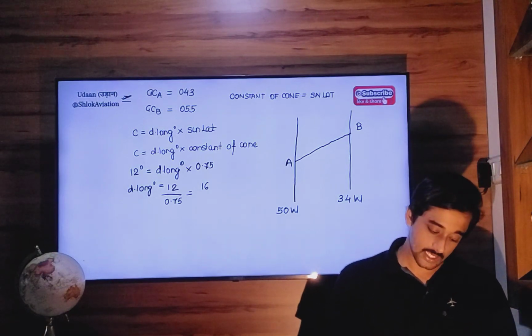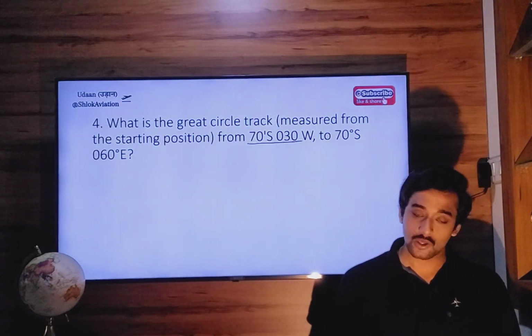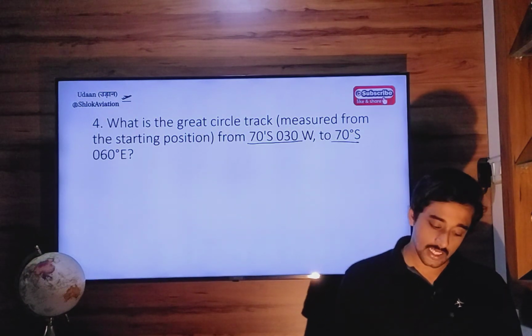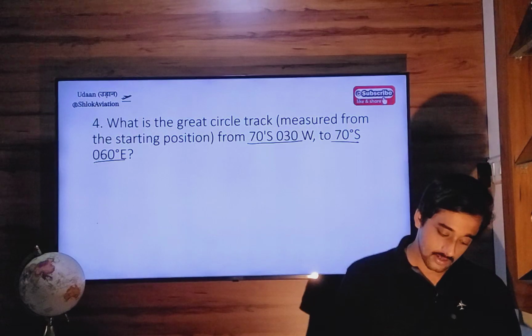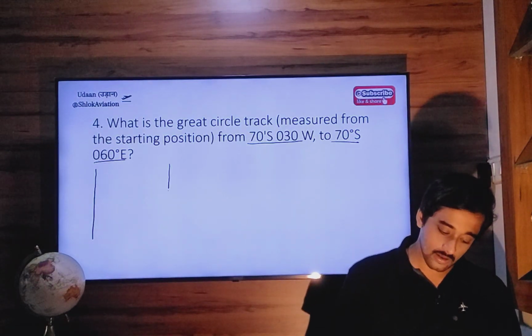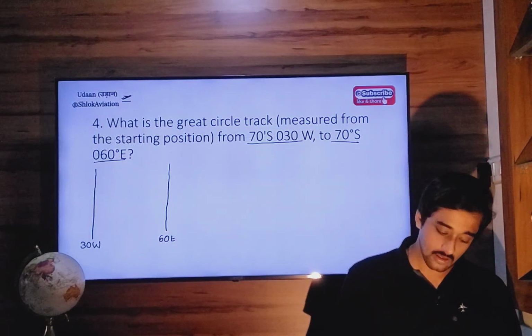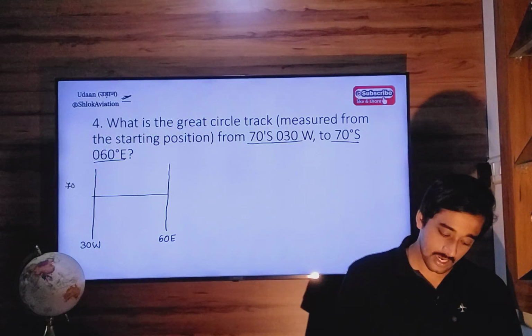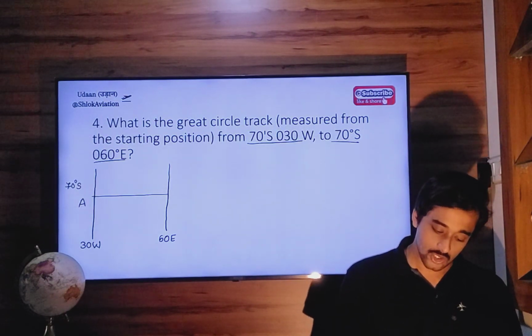Okay. Next. What is the great circle track from 70 degrees south 30 west to 70 degrees south 60 east? So both are in the southern hemisphere and on the same latitude. So 30 west, 60 east, same latitude, 70 degrees south, alpha to Bravo.